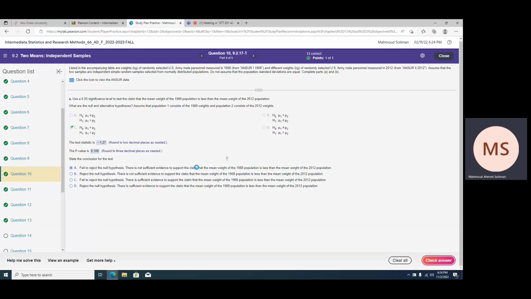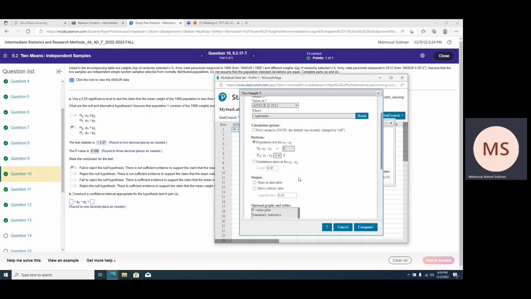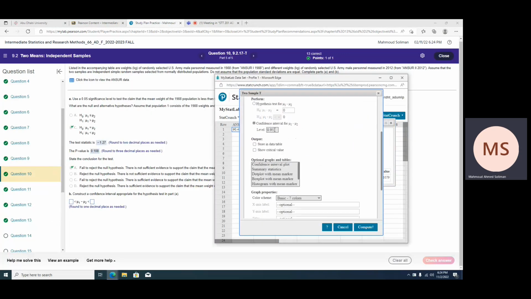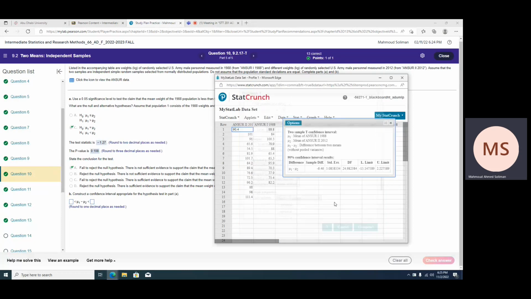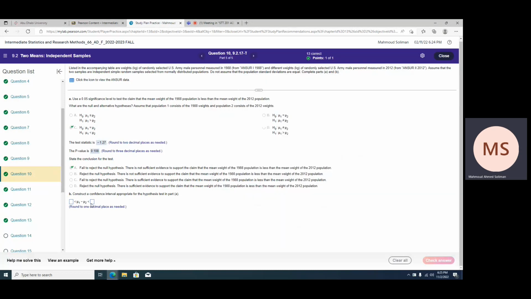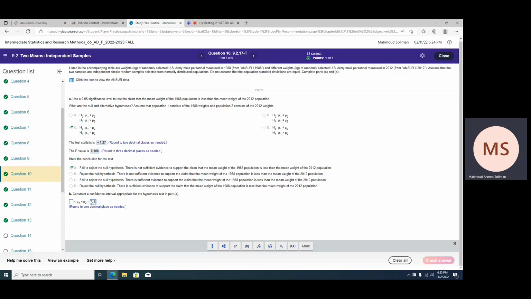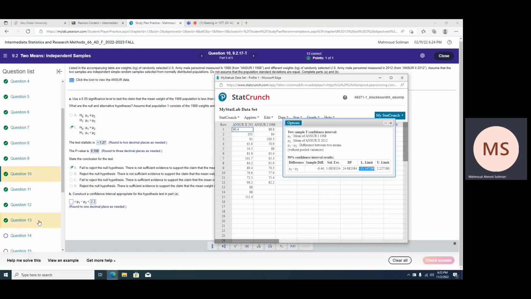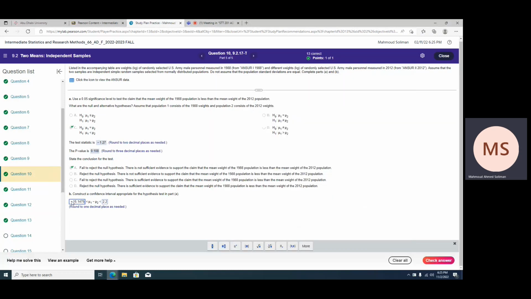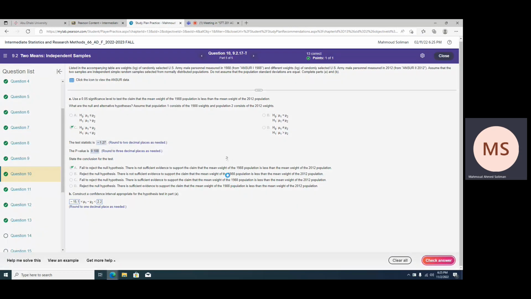There is not sufficient evidence. Then edit the confidence interval. It's one-tailed, so we have to do 1 minus 2 alpha. Copy the upper limit, then copy the lower limit. 1 decimal. Next, we're done with this.